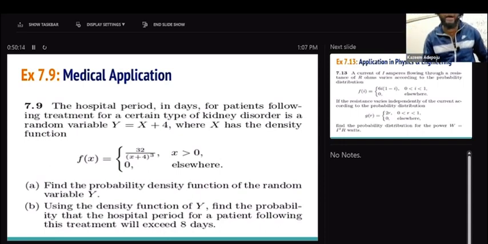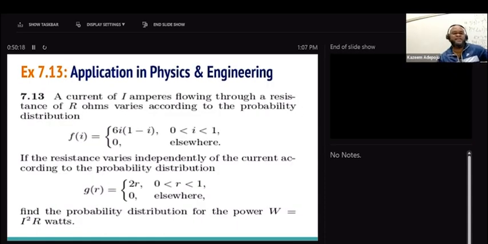The last question for the day: application in physics and engineering. But let me tell you, in this one, you basically need to set up a Jacobian matrix of 2 by 2. The current of I amperes flowing through a resistance of R ohms varies according to the probability distribution.